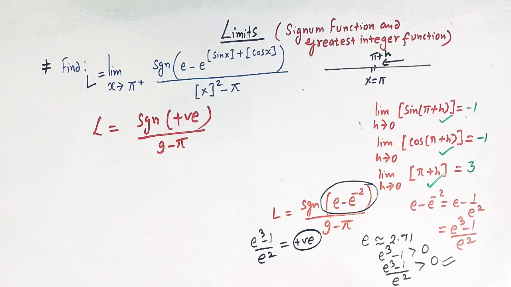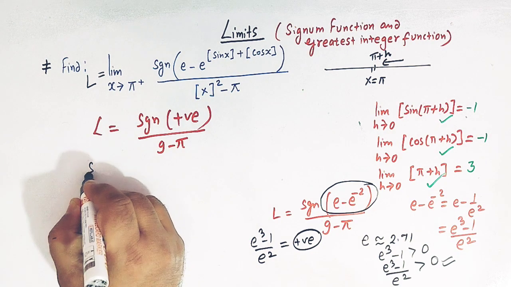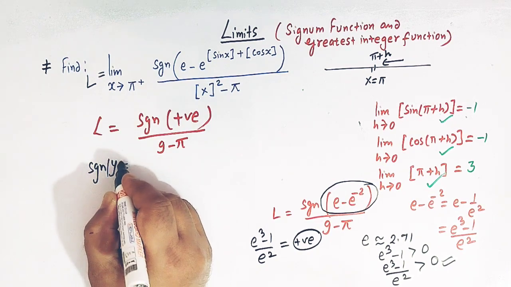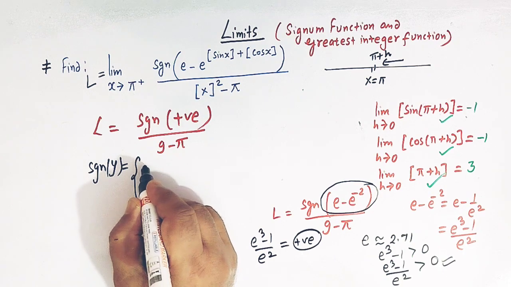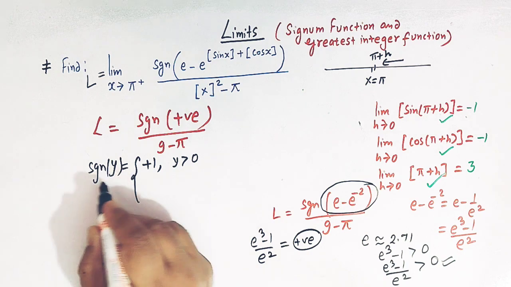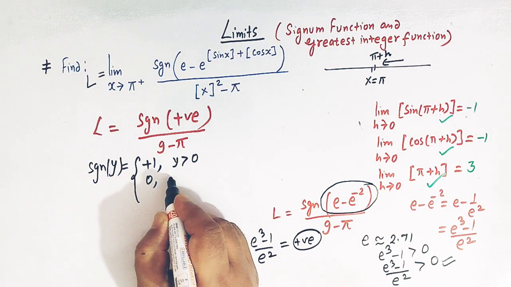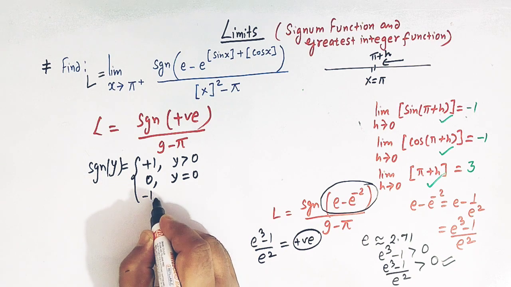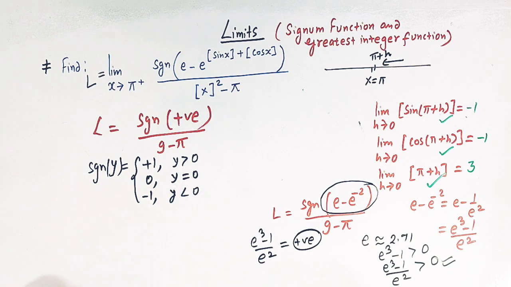Now let us quickly see the definition of the signum function, right? Now see, signum of, say, y is defined like this: signum of y takes the value plus 1 whenever y is greater than 0, signum of y is 0 when y is equal to 0, and signum of y is negative 1 when y is less than 0, right?